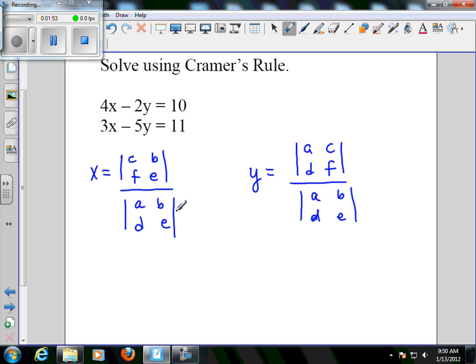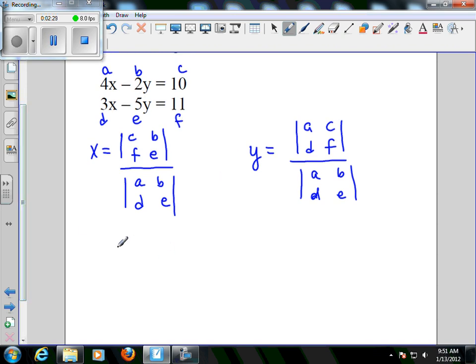Now we're going to label the parts of our system of equations. 4 is A, -2 is B, C is 10. So it just goes across A, B, C. The coefficient of the x term on the second one is D. The coefficient of the y term is our E, which is -5, and then 11, our constant, is F. Now we're just going to plug our numbers right into our formulas.